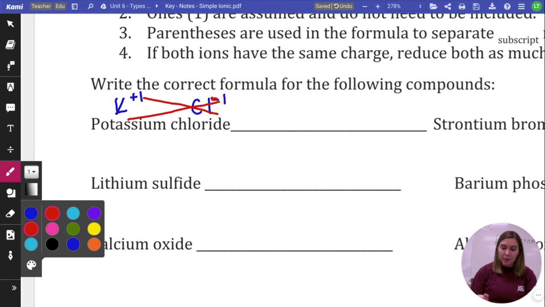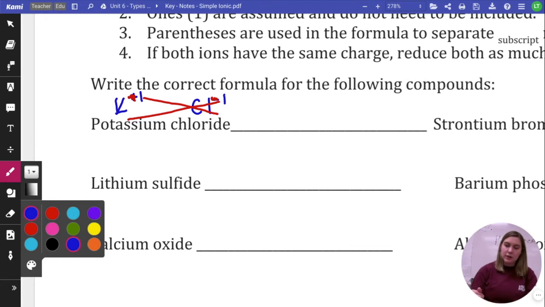All that means is that our positive and negative signs no longer matter. Then we reduce. We don't reduce every single time. We only reduce if we can. Since these are both 1, we can't reduce those down to a lower ratio. But if they were both 2, for example, we could reduce it down to both being 1.